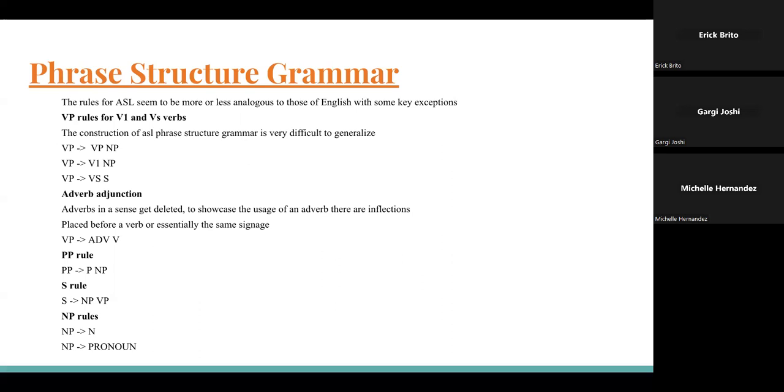So adverb adjunction, this is where we face something different because adverbs in ASL are not translated the same. Adverbs in a sense get deleted, and to show that there's an adverb, you would use inflections on the verb or whatever it's modifying, because adverbs modify something.